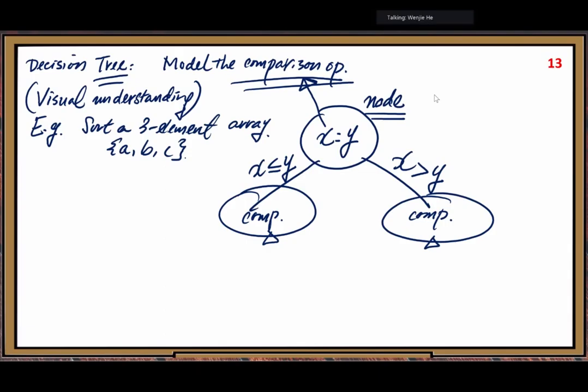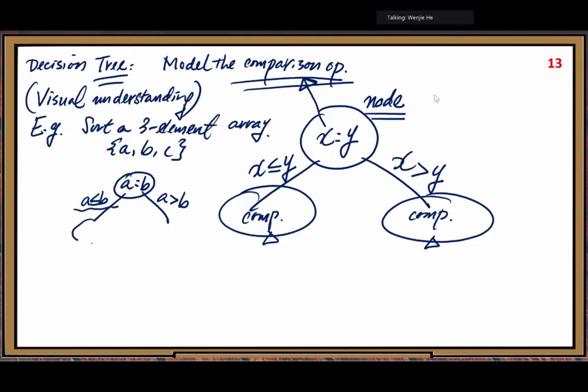We have many different ways, right? First comparison, the root node. Root node corresponds to our first comparison. A:B, root node. 2 branches. A less than or equal to B, and A greater than B. For the left branch, we get some information.